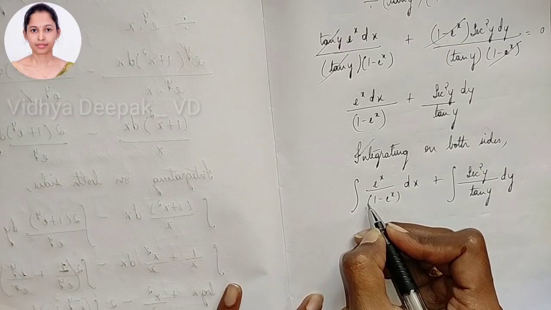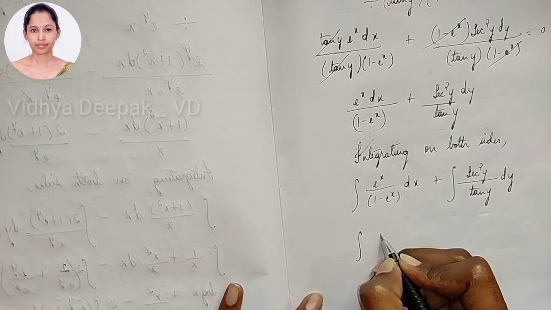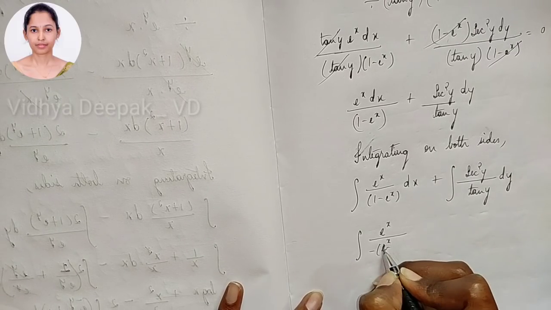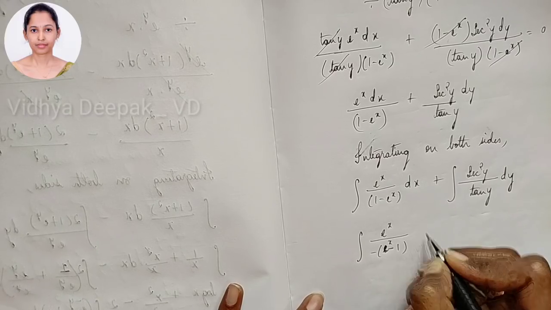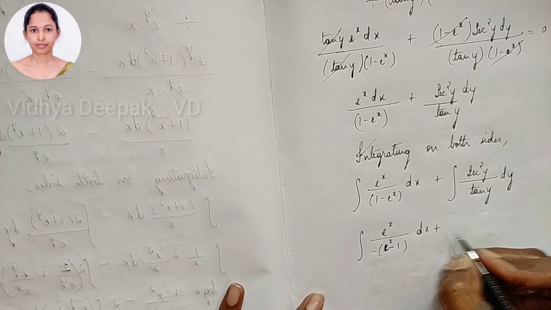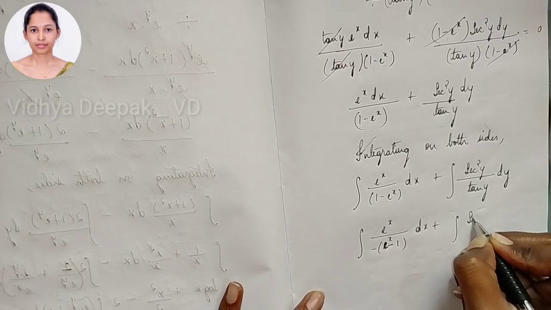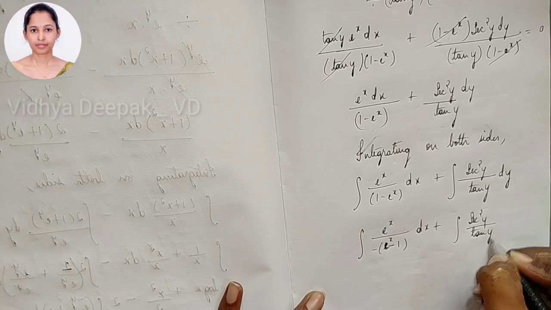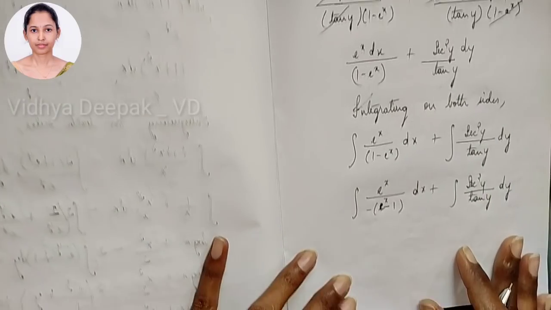I'll take minus common outside, then we can get that. I'll tell you why I took the minus common outside. So this becomes minus integral of e power x by e power x minus 1 dx plus integral of secant square y by tan y dy.